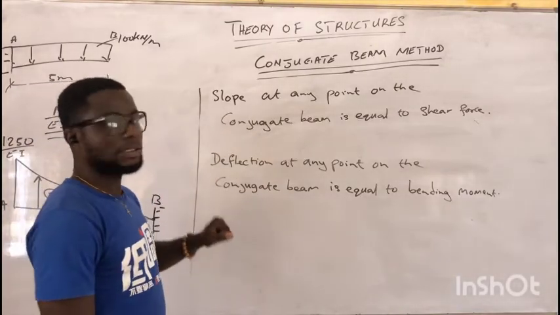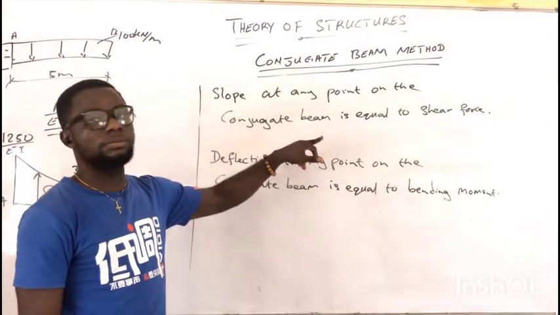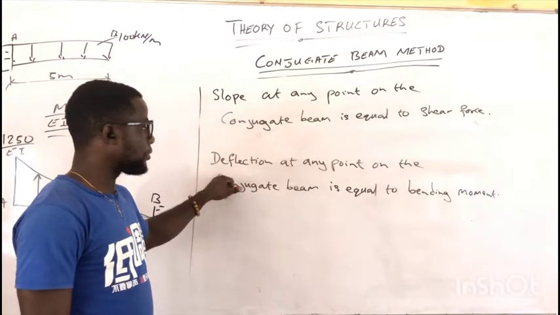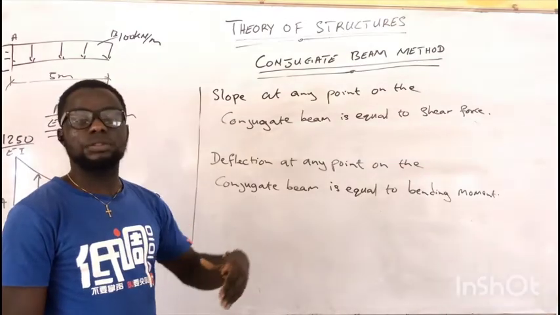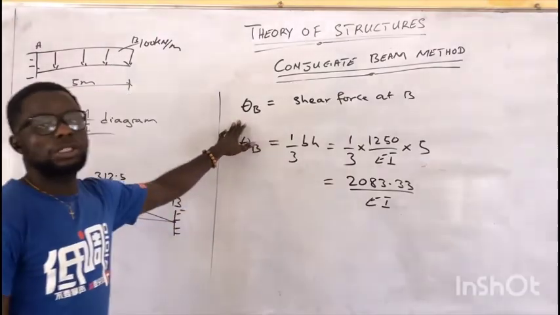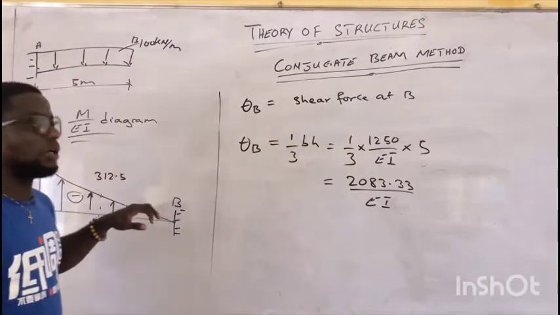Another concept is that the slope at any point on the conjugate beam is equal to the shear force, and the deflection at any point on the conjugate beam is equal to the bending moment. Then the rotation at B is equal to the shear force at point B on the conjugate beam.